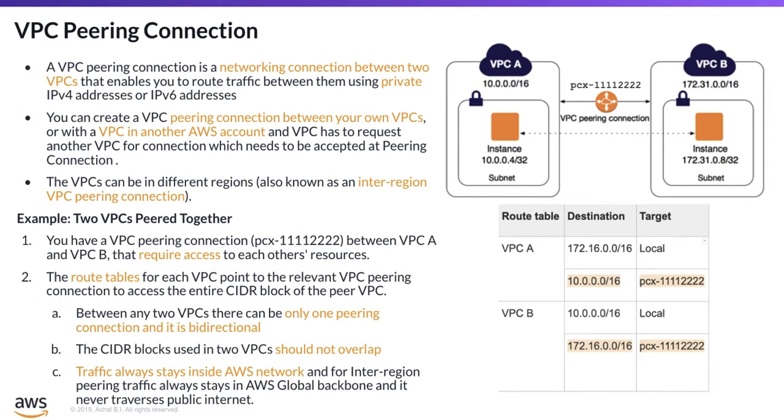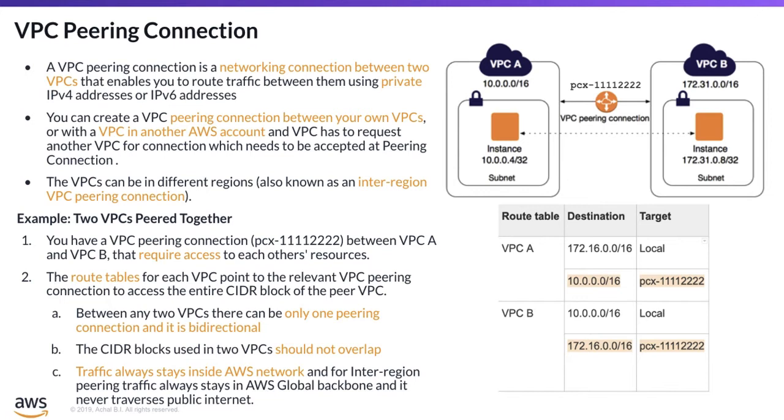So basically, where the NAT gateway was placed in a public subnet, and how the private instances in a private subnet can connect to internet through NAT gateway.